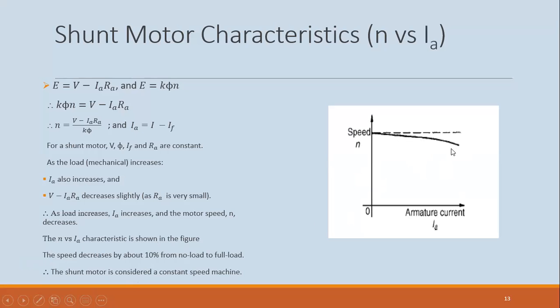Now, for a well-regulated machine, the speed change from no load to full load is 10%. I'm talking about commercial machines. What we have in the lab, you will find a wider variation, and it's because it's for experimental purpose.